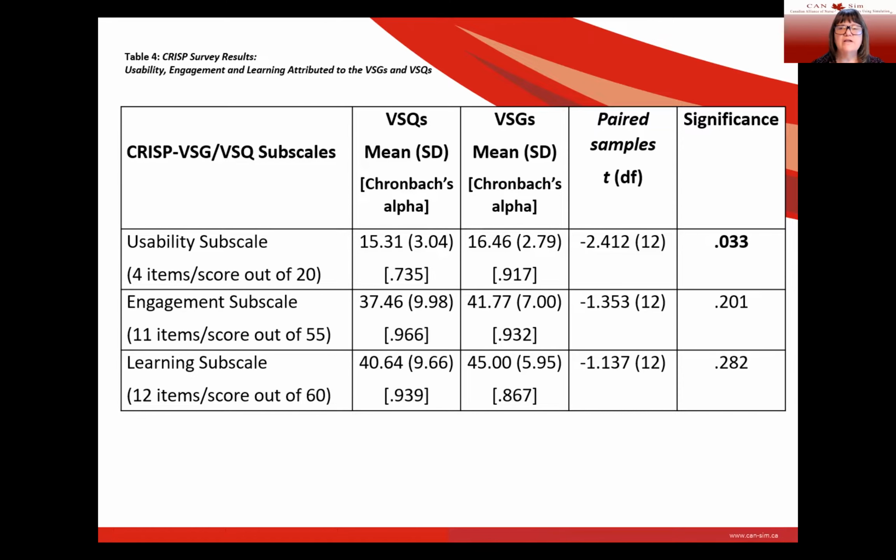And they also rated the VSGs higher in terms of engagement and contributing to learning, but the differences were not significant. And I think the reason the usability for the OSCEs was rated lower was because of a feature that we've added that I will talk about shortly.